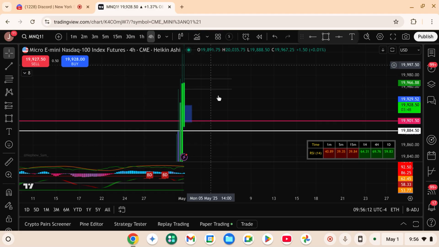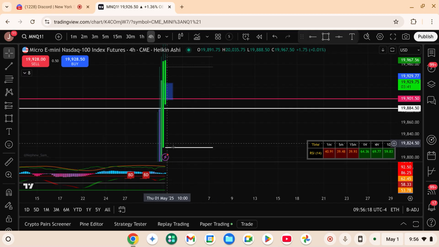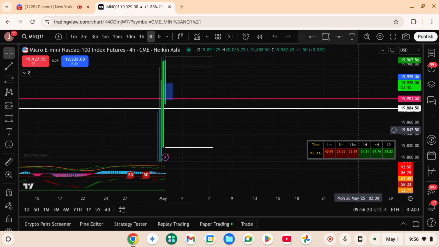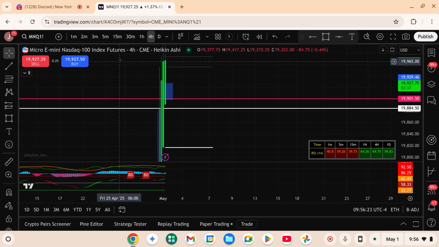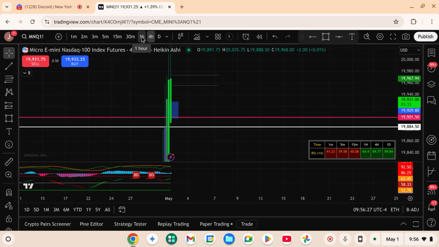So I think you'll have to take out some 4 hour lows before it continues to go up. Like the 1 hour will have to take out the 4 hour lows.